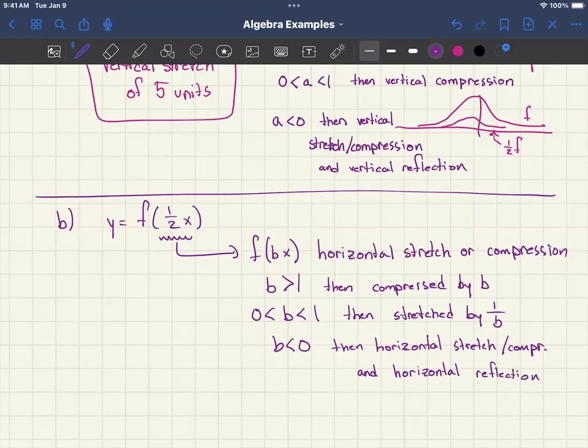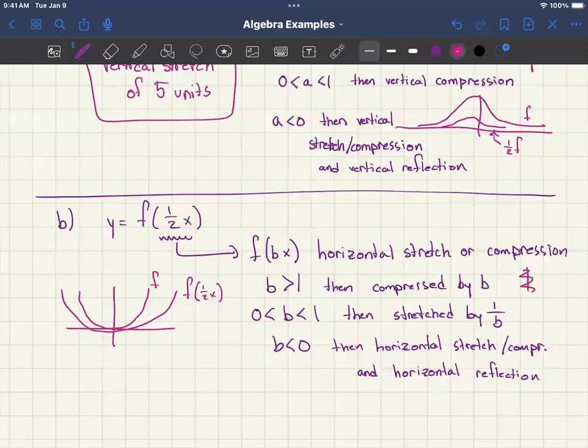When we talk about things being compressed on the horizontal part, we're going to have a slightly different one. I'm just going to put one example for us. We are going from f to f of 1/2 x. So if our original function looked something like a quadratic, then f of 1/2 x would be looking like that.